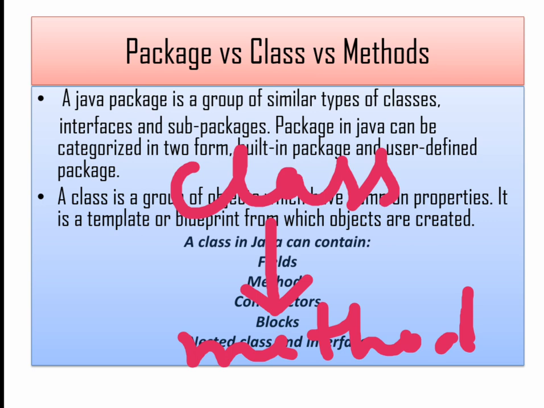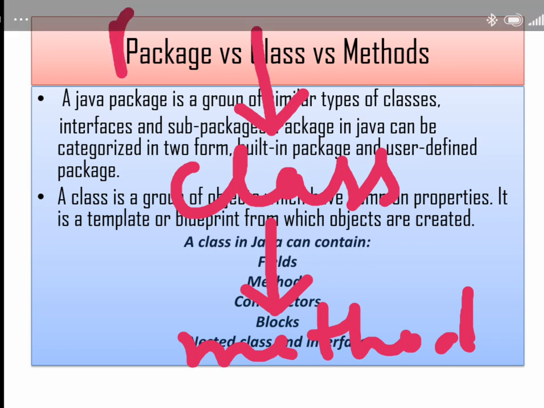Now tell me, you want to buy the iPhone, and if there is no market in your area that is selling the iPhone, are you able to buy it? No, there should be a company, Apple, right? So that is the package.